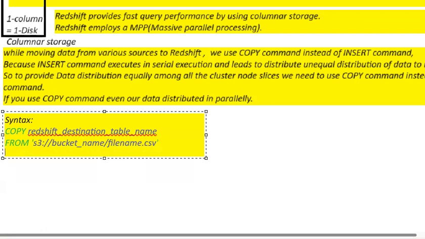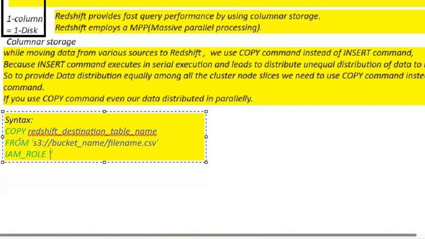At last, you also need to provide an IAM role. So why do we need this IAM role, sir? This IAM role is used to provide credentials for your Redshift, since this query is executed under the Redshift command line.